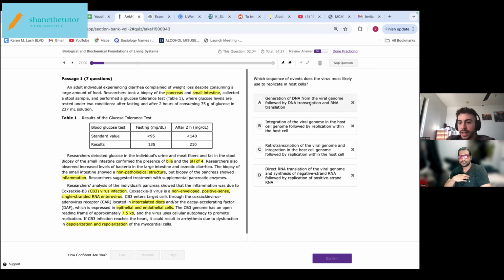This one's talking about DNA. I don't think it's right. Okay, yeah, that would be a reverse transcriptase, right? Yeah, retrovirus. Integration of the viral genome in the host cell genome, followed by replication within the host cell.